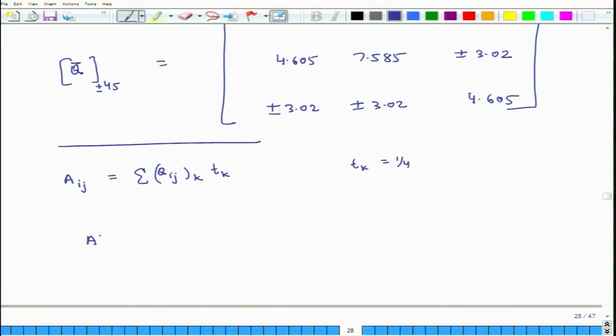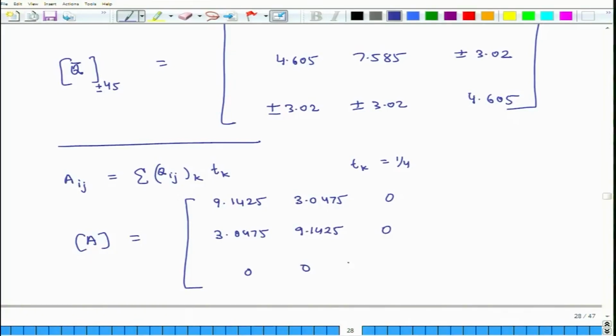So, essentially A is this matrix: 9.1425, 3.0475, and because there is a plus 45 and minus 45, A16 is 0, 3.0475, 9.1425, 0, 0, 0 and the last number is 3.0475.